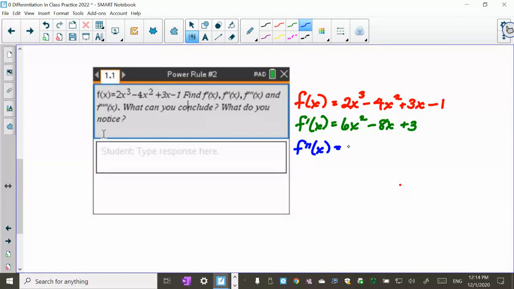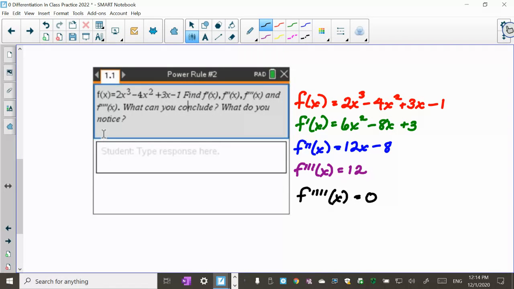And that's going to be 2 times 6 is 12x minus 8. And then I'm going to do f triple prime of x, and that'll be 12. And then we're going to go back and do f to the fourth prime of x. And when I do the derivative of 12, I get a 0.